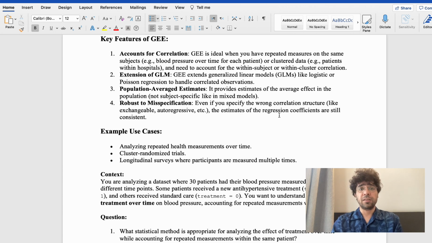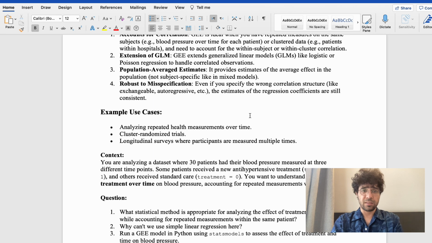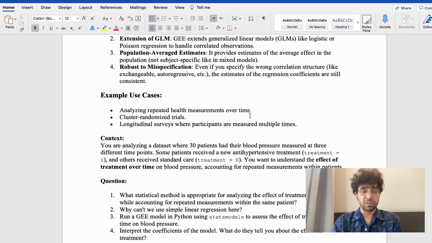Even if we specify the wrong correlation structure, like here we start with the exchangeable, and there are autoregressive and other types of correlations, even if we make a mistake and provide the wrong correlation, the model is still consistent. So it's a very good model and very powerful.